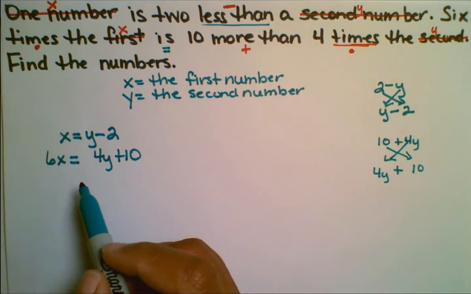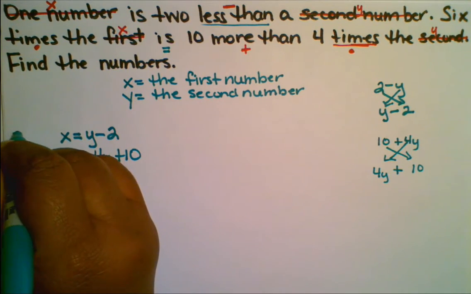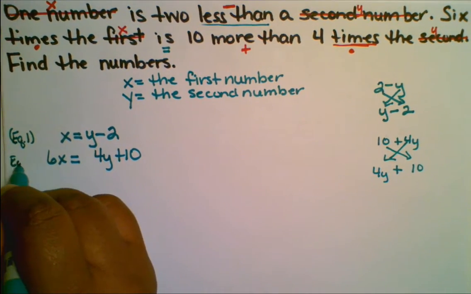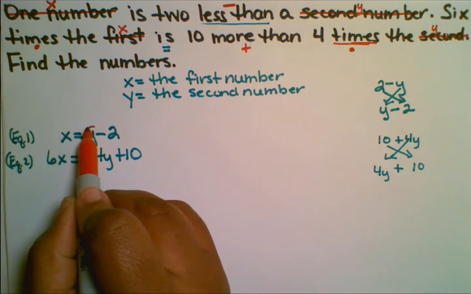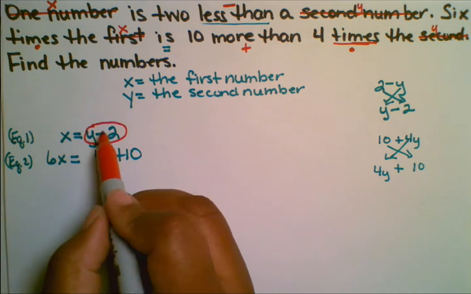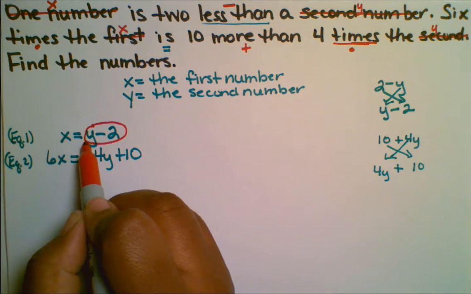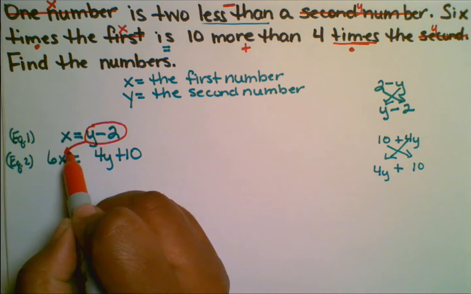So I'm going to use the substitution method, where I'm going to take the first equation, equation 1, we have equation 2, where we see that equation 1, x is equal to y minus 2. So let's circle y minus 2, and I'm going to substitute y minus 2 into the second equation for the variable x.